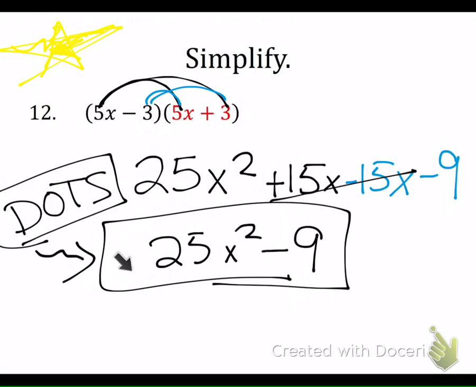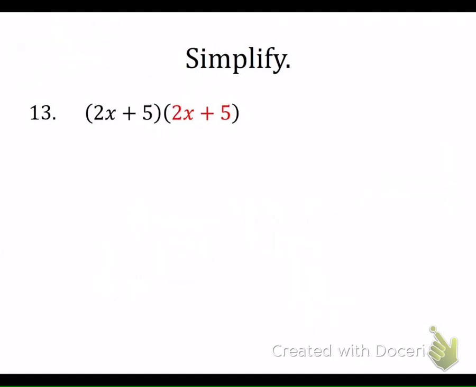We'll come back to this in a couple weeks, but put this in the back of your memory. If the signs are different and all the numbers are the same, the first two are the same, the last two are the same, one's a plus, one's a minus, the middle terms are going to go away, and we're going to end up with a difference of two squares. All right, questions?